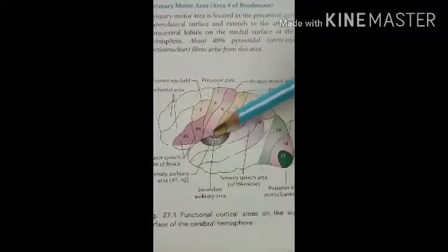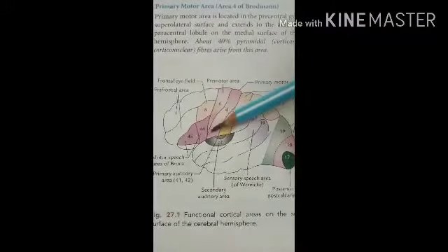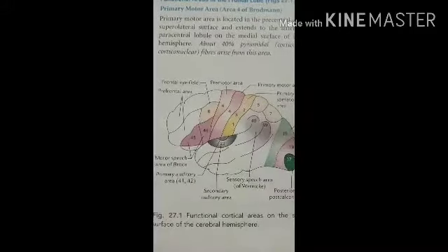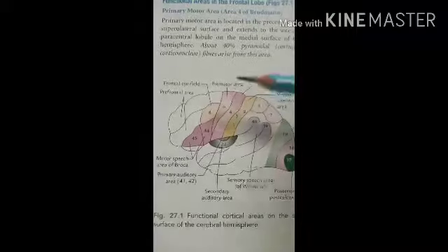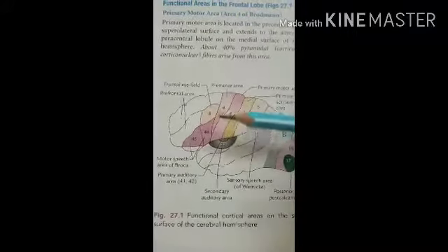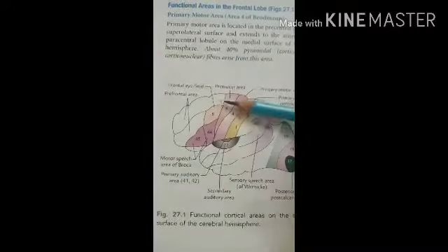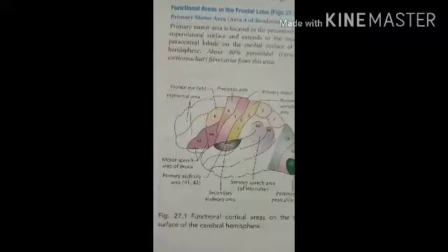About 40% of the pyramidal or corticospinal fibers arise from this area. The area is responsible for movement in a specific part of the body. Only movements are represented in the area and not the muscles.